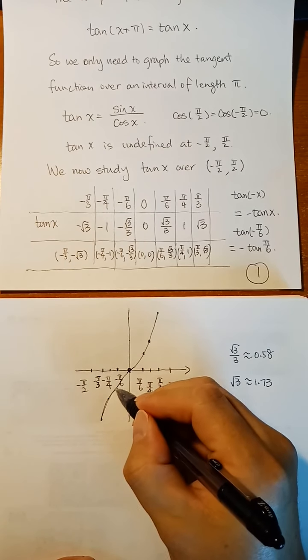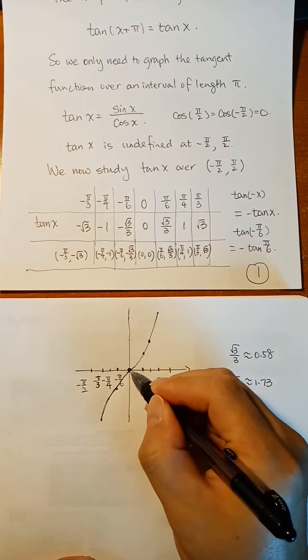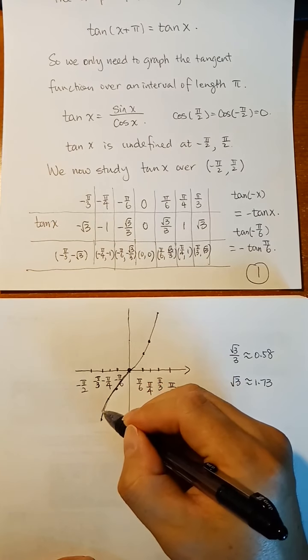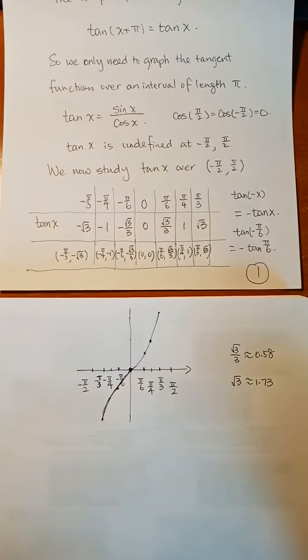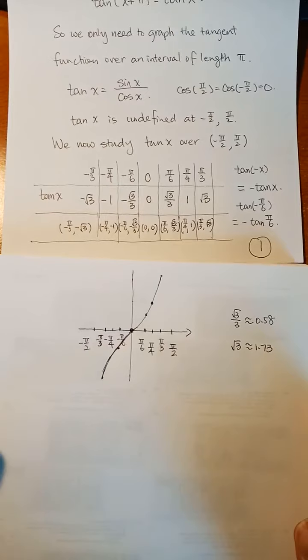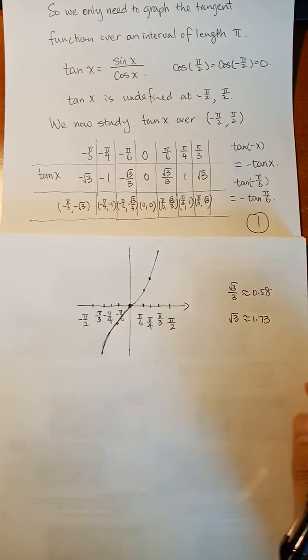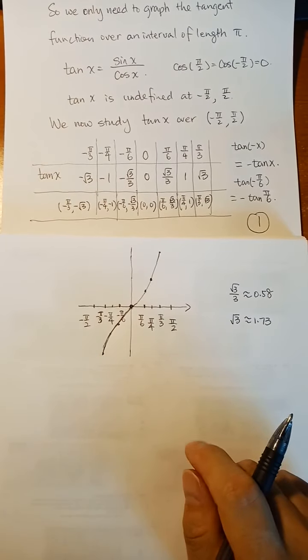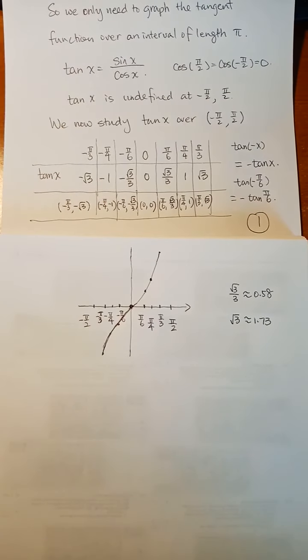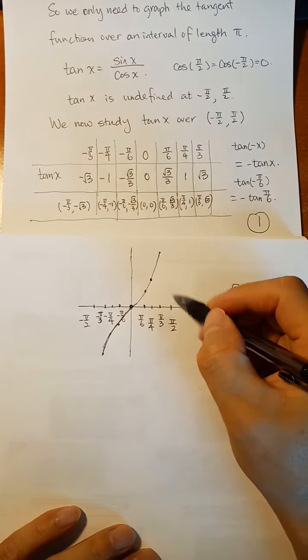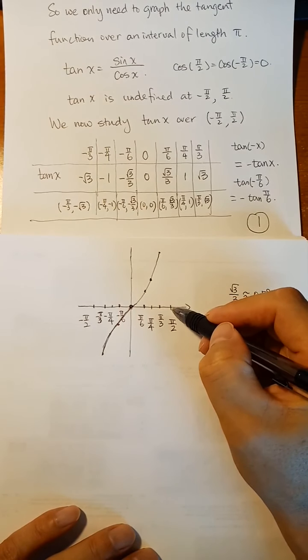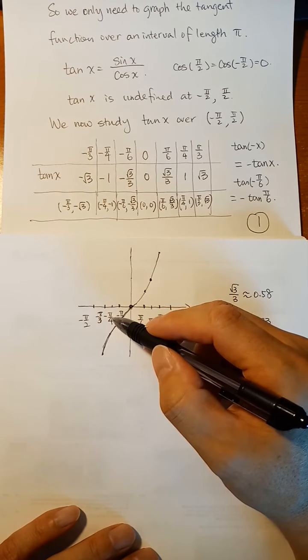So far, at least we can get the idea of those graphs. Okay, so that's the demonstration of the graph in this limited period, limited interval. And now we want to see what will happen if the point is very close to pi over 2 or close to negative pi over 2.